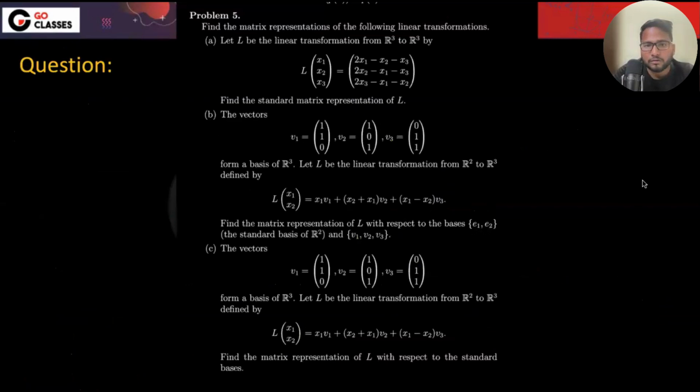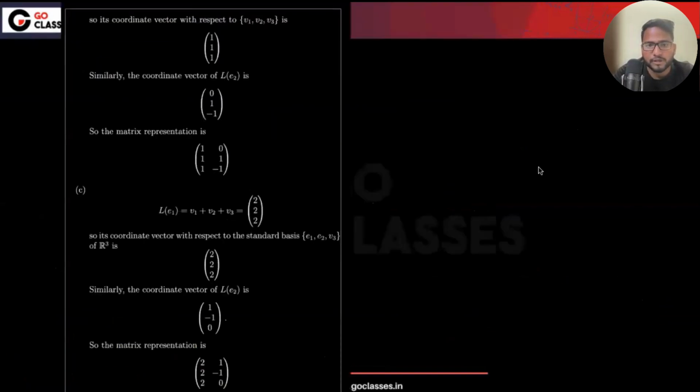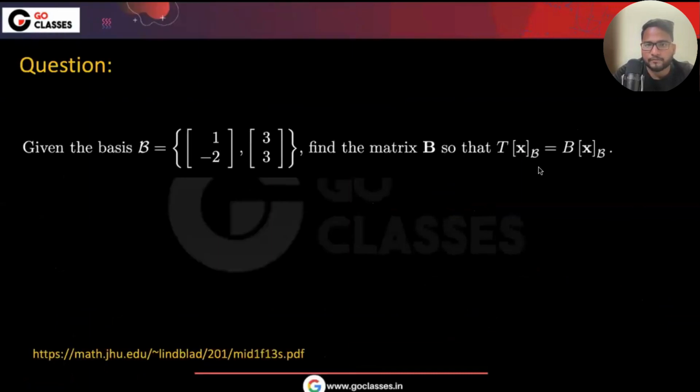So this is, I think, a similar kind of question. Let me check something more interesting. Okay. So this is a reverse question that we have here. What they are saying is, find the matrix so that, let's suppose there is a basis B, and they have not given the transformation.